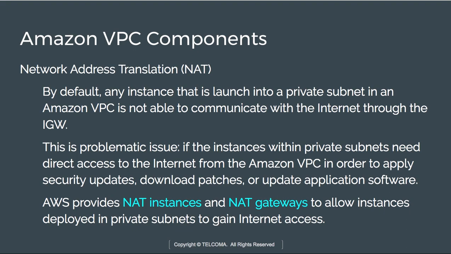It is basically an Amazon Linux AMI, which is an Amazon Machine Image. It is designed to accept traffic from instances within a private subnet, translate the source IP address to the public IP address of the NAT instance, and then forward traffic to the IGW. These instances have a string in their names and can be searched in the EC2 console.